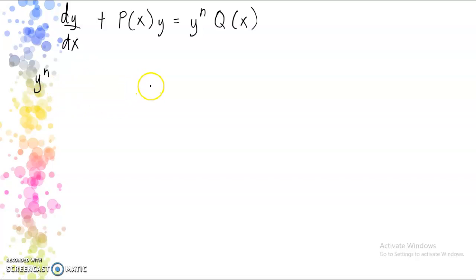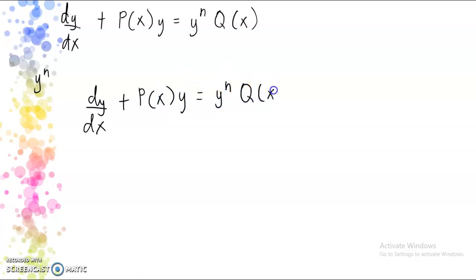So, we multiply both sides of the Bernoulli equation by y raised to negative n to eliminate it. The given is dy over dx plus p of x y is equal to y to the n q of x.